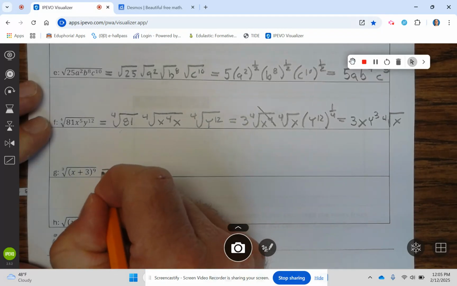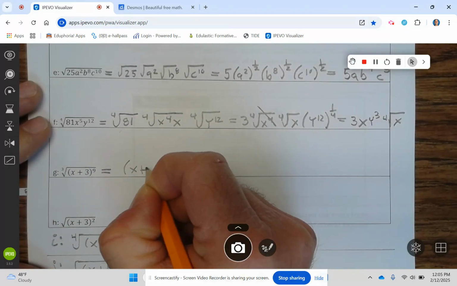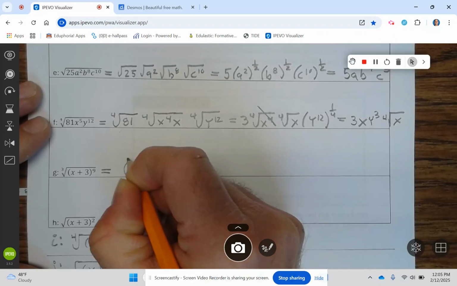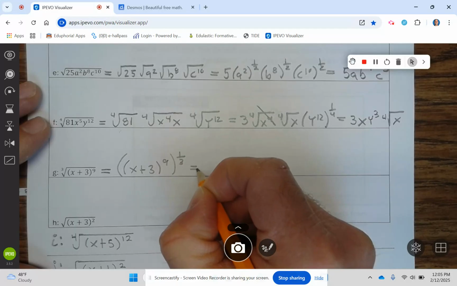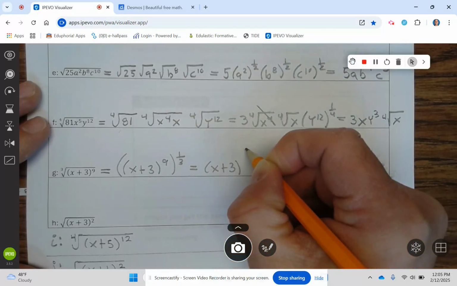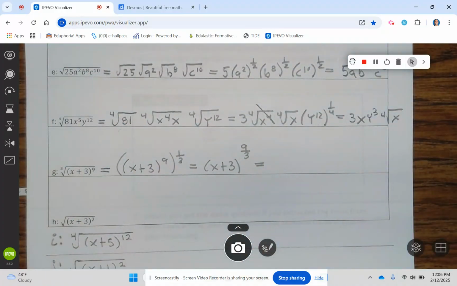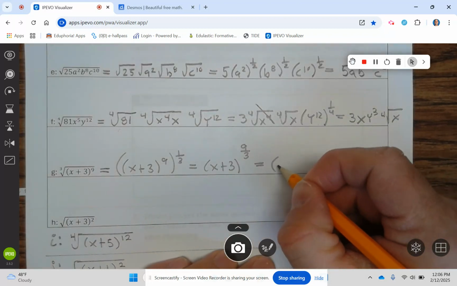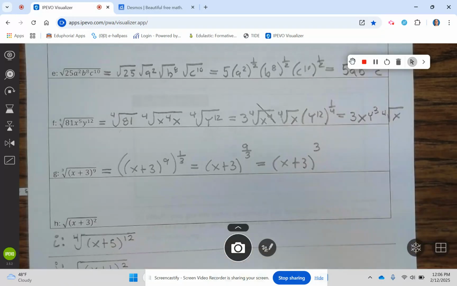Let's take a look at G. So this becomes x plus 3 to the 9th to the 1/3 power equals x plus 3 to the 3rd.